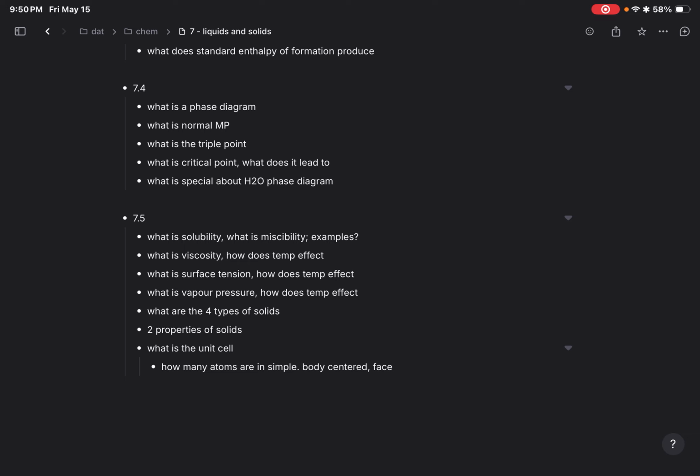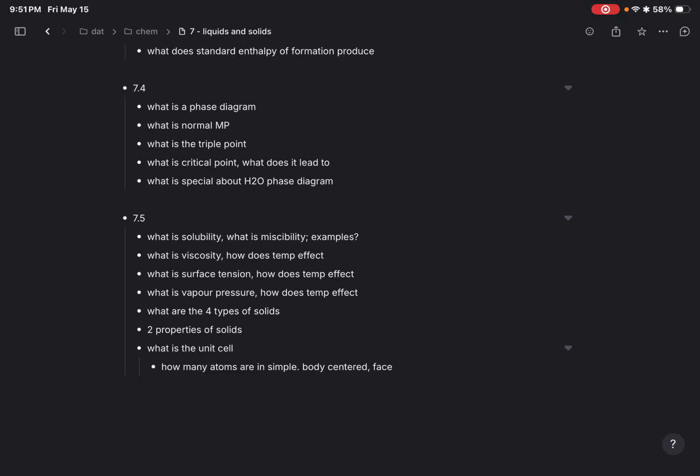In a face-centered cubic unit cell, you're gonna have half an atom on each face. So you're gonna have 2, 4, 6. You're gonna have 6 halves, which is equal to 3 full atoms, plus 1 atom from the 8 eighths that you have on the vertices, if that makes sense.